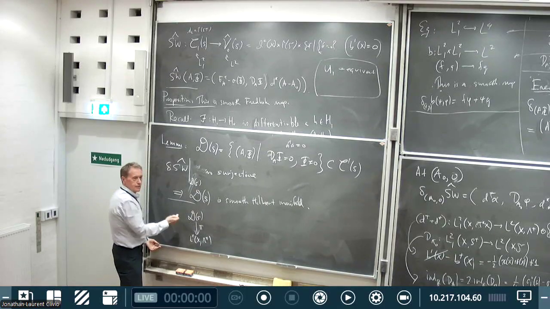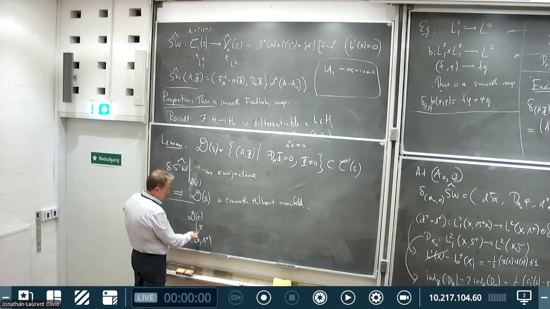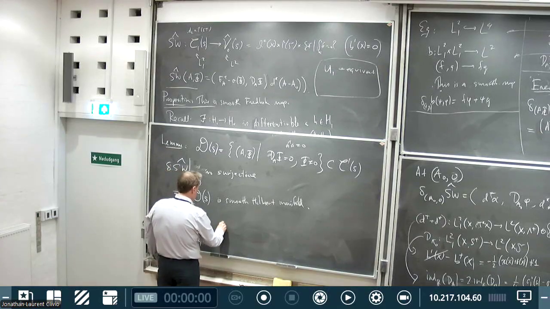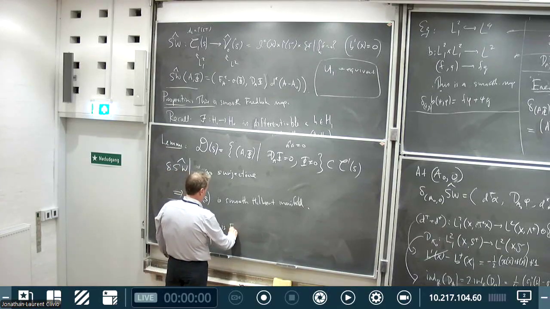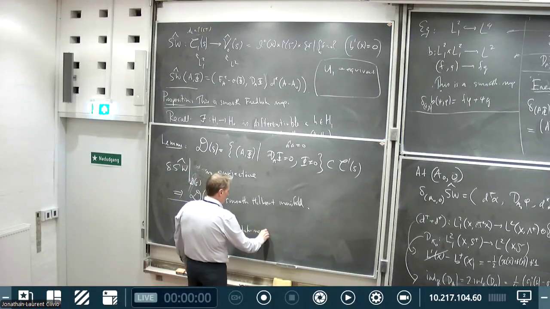I just have the curvature equation left, and this is also a Fredholm map of the same index.